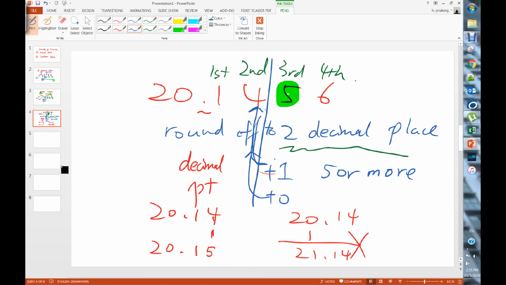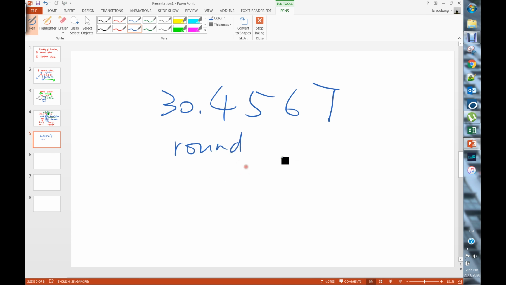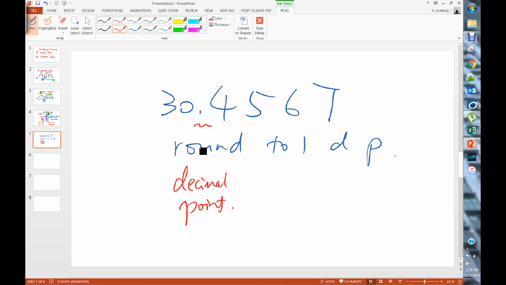Let me give you one more example. Round to 1 dp, decimal place. First, this is your decimal point. Help me out. Which number is the first decimal place? 4. Very good. First, and subsequently second, third, and fourth. Where do you stop? The first, here.